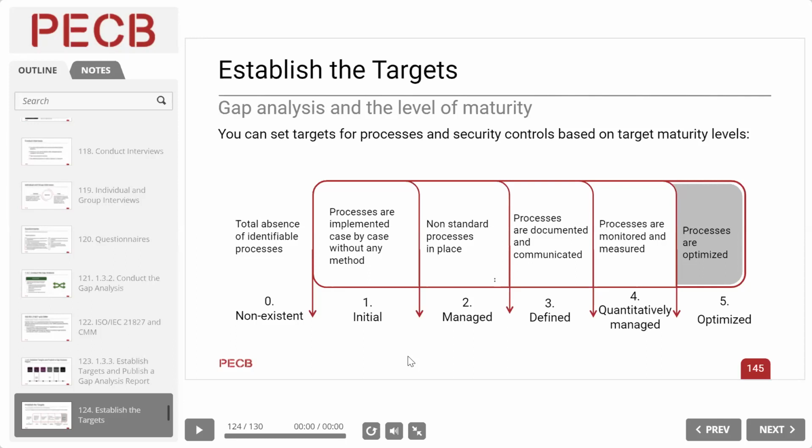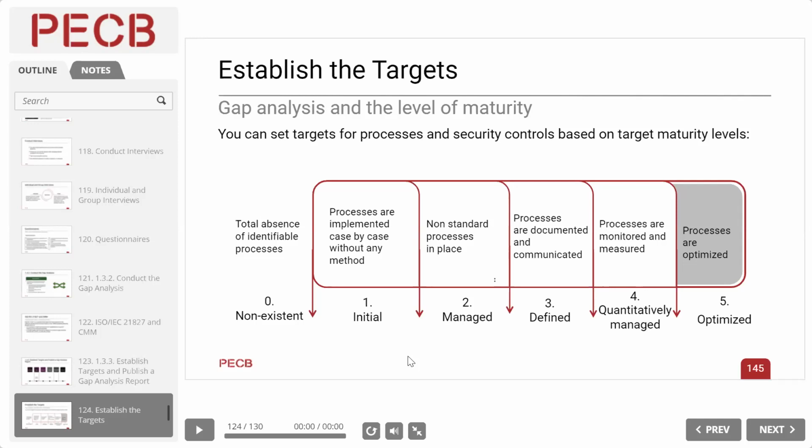That is what you need to achieve after you finish your implementation. All processes are being monitored and then measured. So for each process, there's a KPI that we use to measure the process, and we ensure that we are reporting on the maturity of the process. And then 5 is optimized, when there's top maturity.